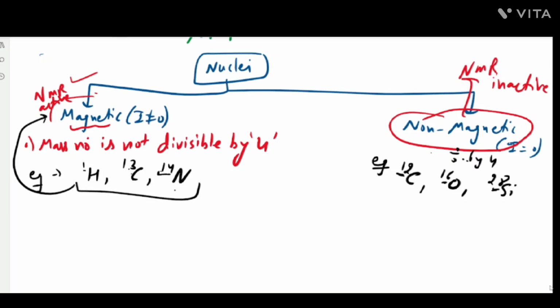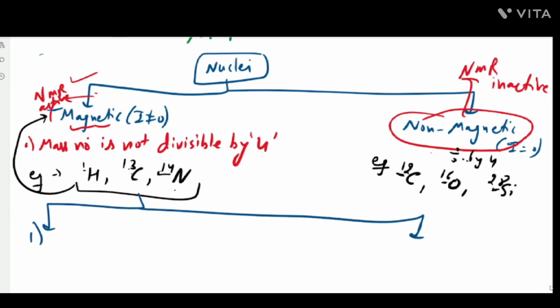Now further, let's discuss the NMR active ones. If we study proton NMR or C13 NMR, we should always consider the active molecules, not the inactive ones. So let's continue with the active NMR molecules. NMR active nuclei are further divided into two categories.